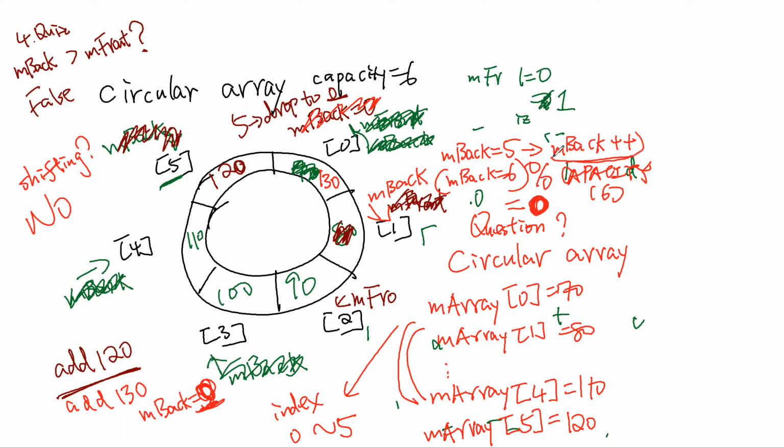You can still do plus plus, because 5 plus 1 is 6, but if you do 6 modulo 6, you bring it to 0. So back will be automatically brought back to 0. So here is a new concept. Today's new concept is the circular array.